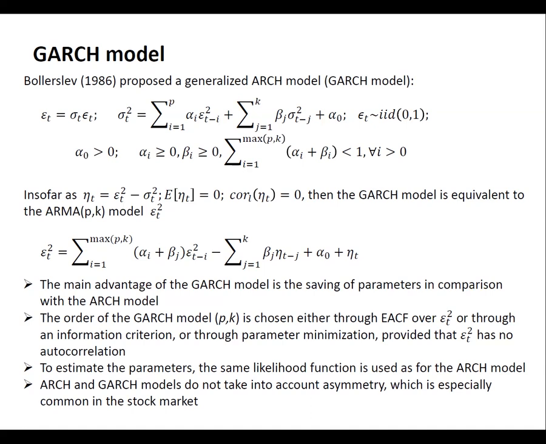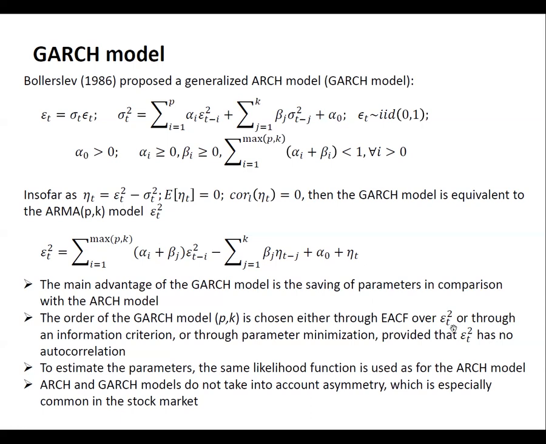This means that the main advantage of the GARCH model is the saving of parameters. On the previous slide, we had 11 or 15 parameters for the ARCH model to explain the ARCH effect for inflation. And here we see that it is quite possible to cope with 2, 3, or 4 parameters. The order of the GARCH model can be chosen via the extended autocorrelation function for epsilon squared.